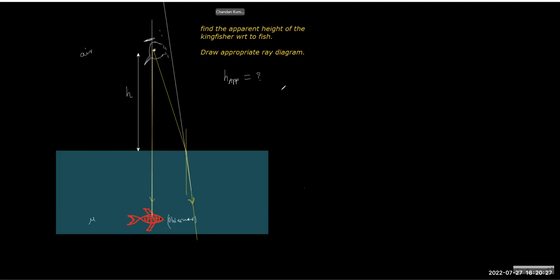We can use the same formula only. Yeah, of course. So the actual H by mu. Are you sure? H by mu is less than H, so you are saying it is less than H? I'm saying it should be more than H.